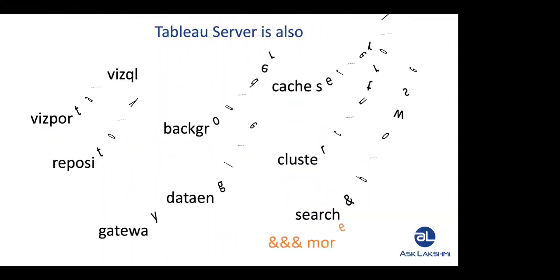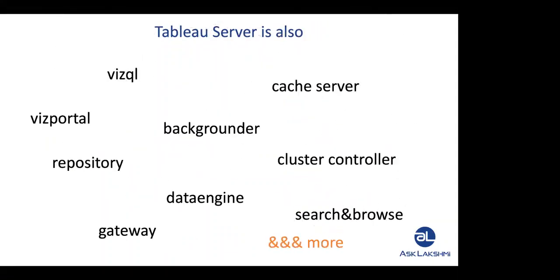When we install Tableau server on a Windows or Linux machine, which can be a 2 node or a 3 node cluster, it doesn't matter how many nodes you install, but it comes with lots of processes like VizQL, VizPortal, Backgrounder, Data Engine, the cluster controller, and many more. So what are all these processes doing in the backend?